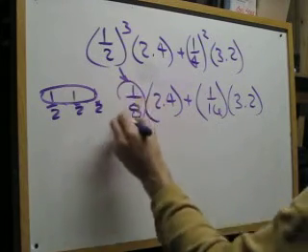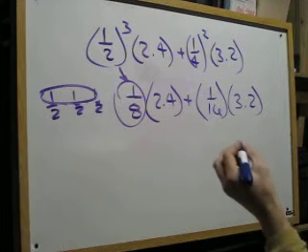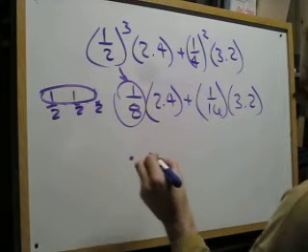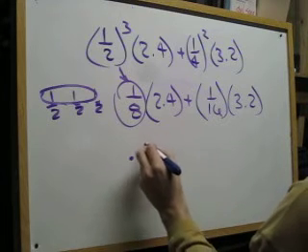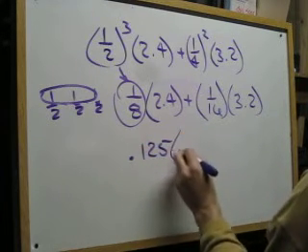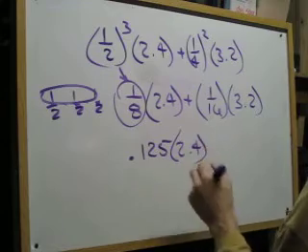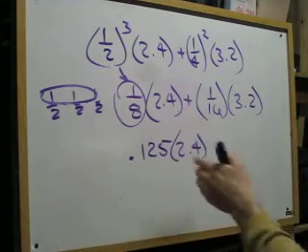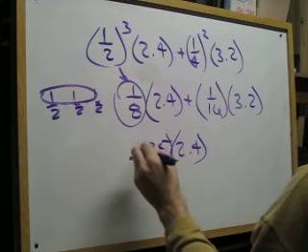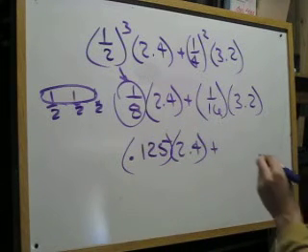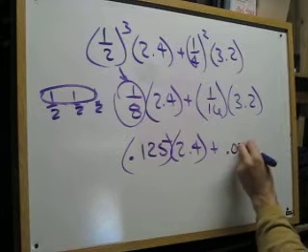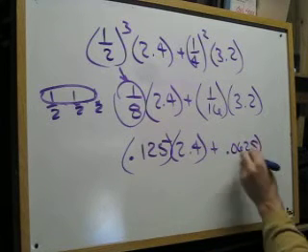And when we do that, we're going to change these to decimals now. Fortunately for me, I know that 1/8 is the same as 0.125, and then multiply that by 2.4. I would have done 1 divided by 8 to get that 0.125. And then 1 over 16 is going to be 0.0625.